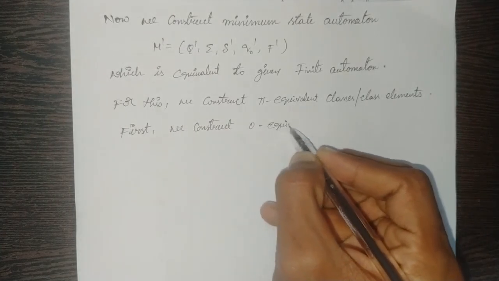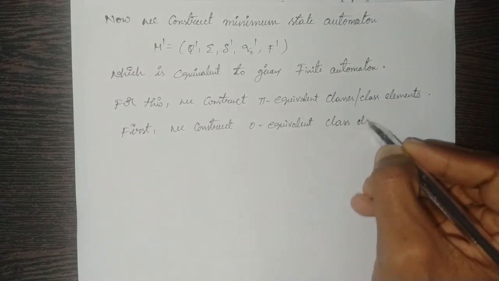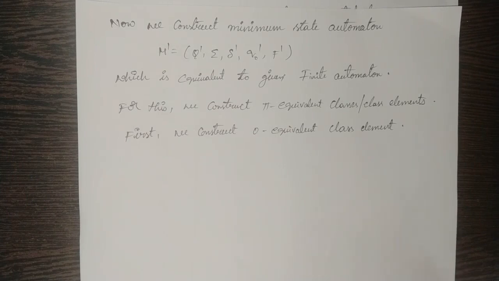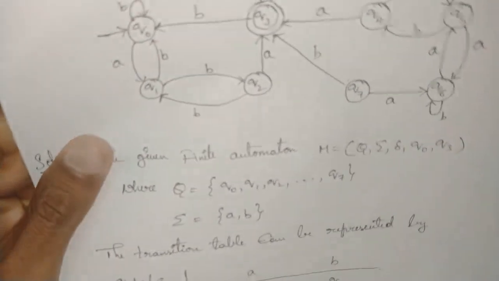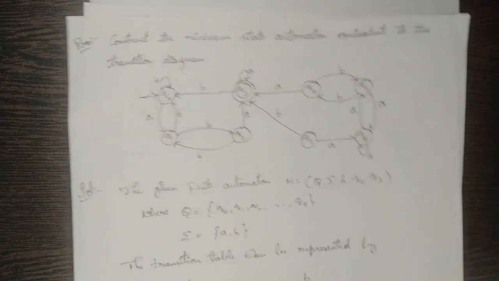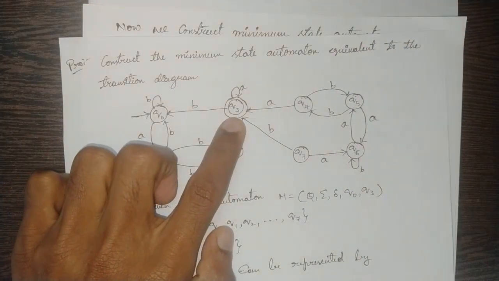the 0 equivalence class elements. For this, first we consider the set of final states and the set of non-final states. In this diagram, there is only one final state, that is Q3. So it can be treated as one element.